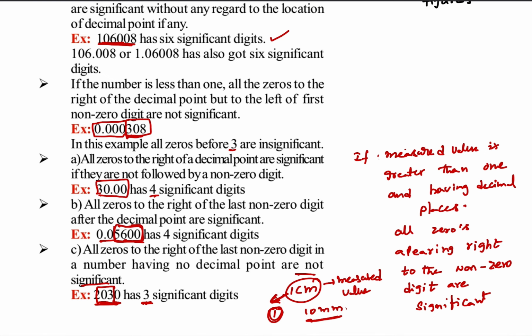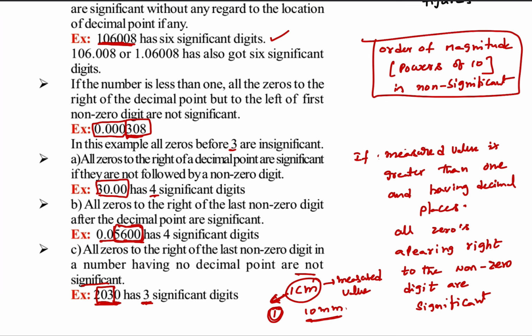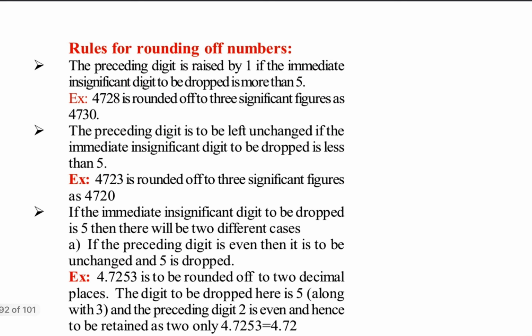So if I write 10 millimeter, I cannot increase the significant digits to 2. I should write only 1 significant digit here. That's why order of magnitude will not have any significance. I am writing here one of the relations: order of magnitude means powers of 10 is non-significant.